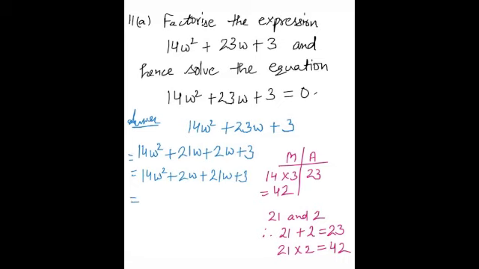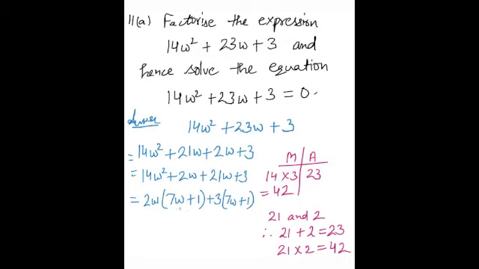So in the first two terms the common is 2w, and the remainder inside the bracket should be 7 times 2 gives you 14, and w times w gives you w square, plus 1, as 2w times 1 will give you 2w, and here the common will be 3, and the bracket should show 7w plus 1.